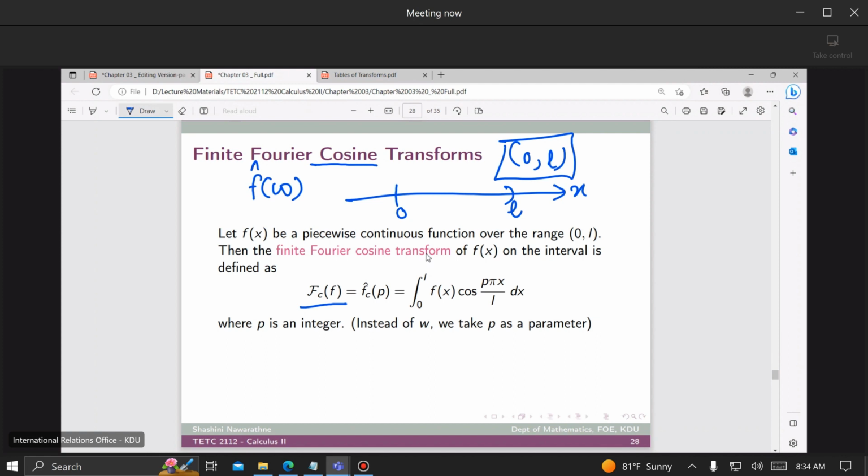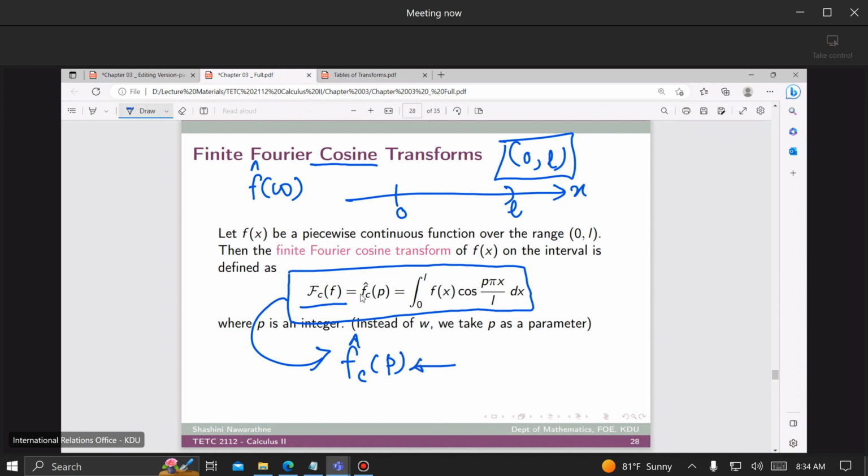Once we have evaluated this integral, we obtain a function of the variable p, and we call that f hat c of p the finite Fourier cosine transform of the function f of x. So if you are asked to find a finite Fourier cosine transform of a function, first you have to identify what this L is.